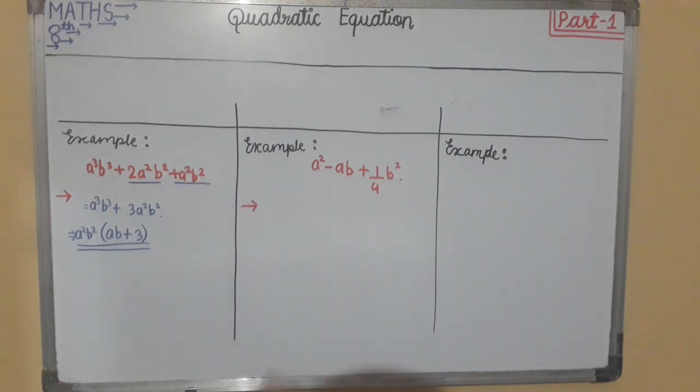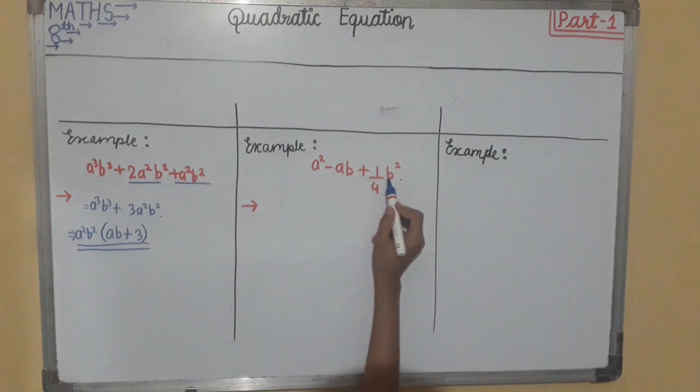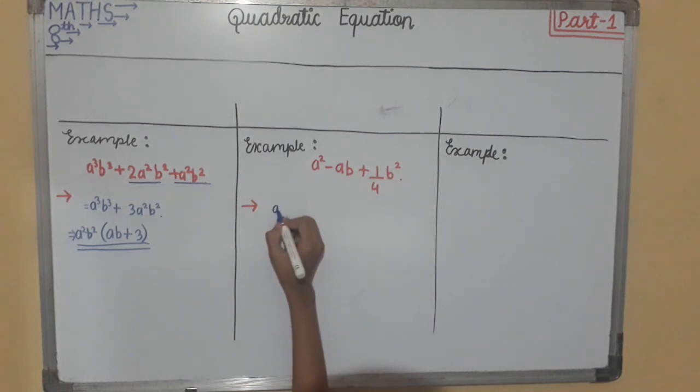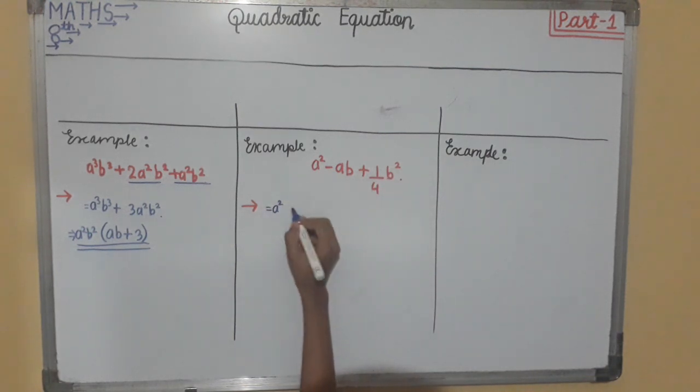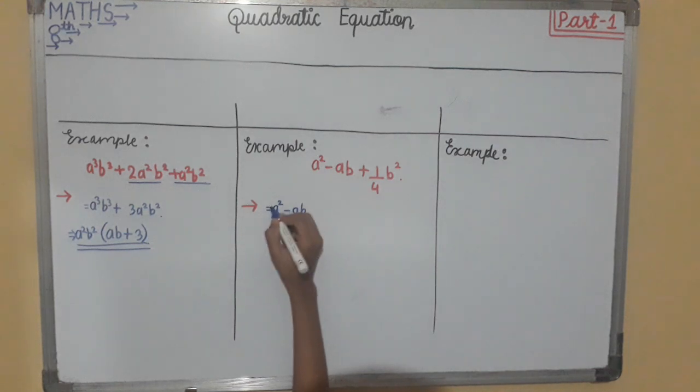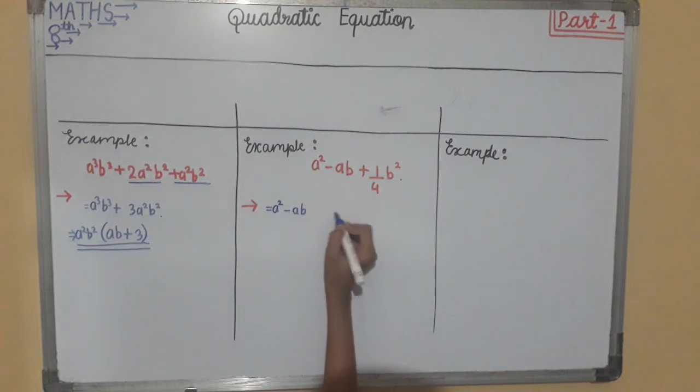So you may think that this is a hard question due to the third term is in fraction. We know that this is in multiplication, so we'll get a square minus ab plus b square by 4.